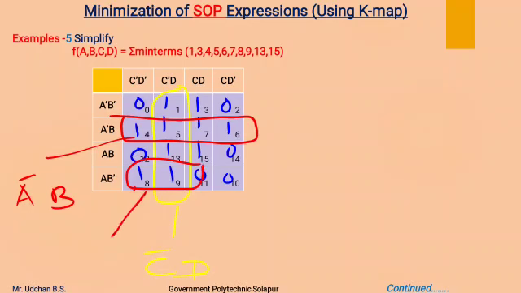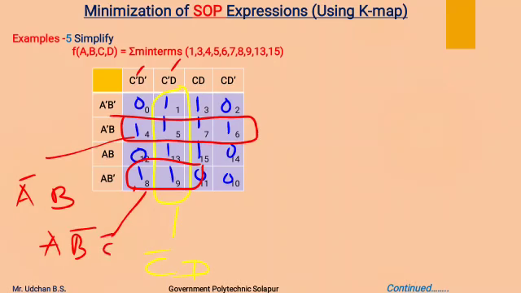For this we will get the equation as A B bar, and these two terms are related with this pair. From this we will get only C bar. D bar gets cancelled with each other.